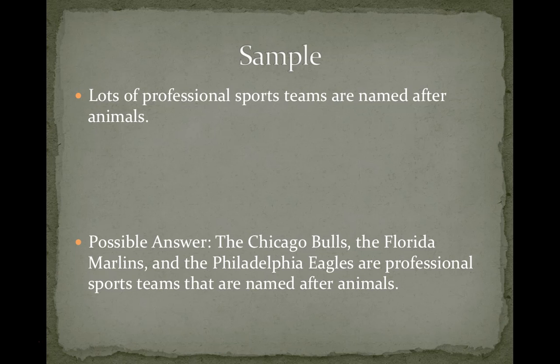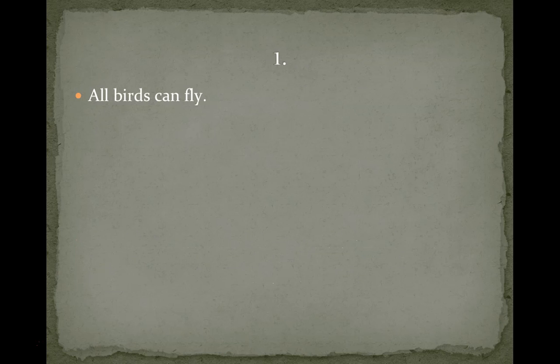And I'm also not sure, and this argument doesn't tell us, what percentage of professional sports teams are named after animals. But this is something we want to keep in mind, is that we want the language in the conclusion of our generalization to be supported in the best way possible by the examples that we use. Okay, let's move on to number 1.